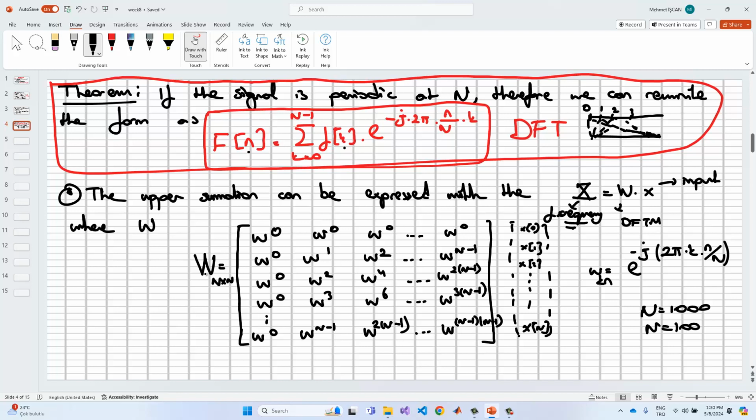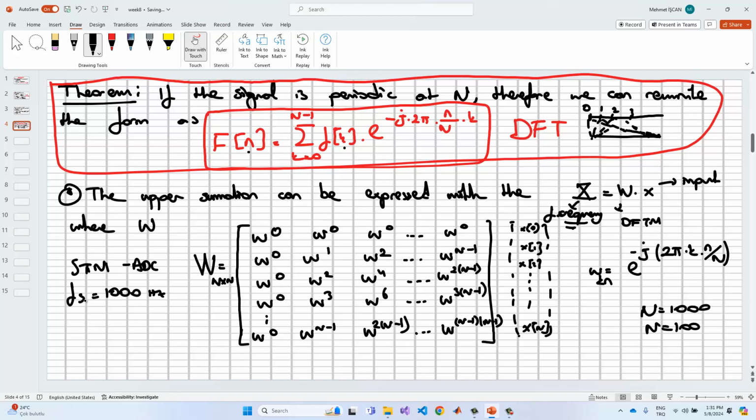What is the sampling period? For example, if you are using an STM microcontroller and ADC components, this ADC is programmed to take 1000 data at 1 second.